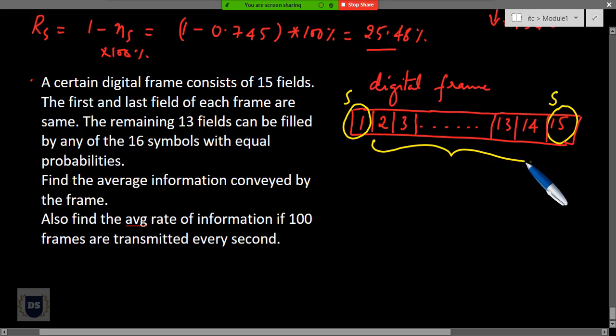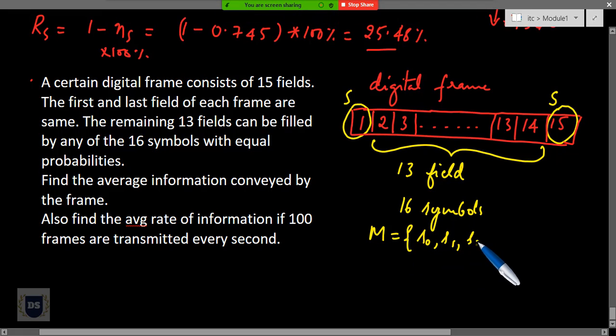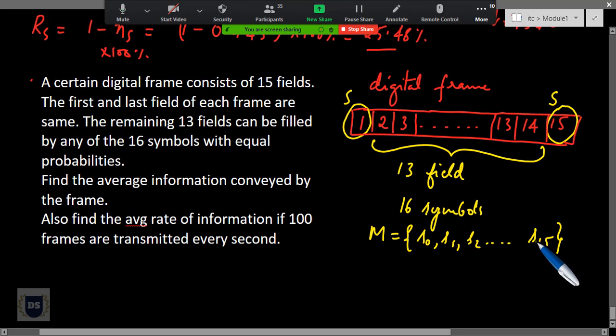On a whole, this is a size of 15 fields. If I subtract 2 from 15, I'll be getting 13. So I'll have 13 remaining fields, and each of these fields can have any of the 16 symbols. Source alphabet M containing 16 symbols like S0, S1 till S15. So I can have this field 2 containing any of the 16 symbols.